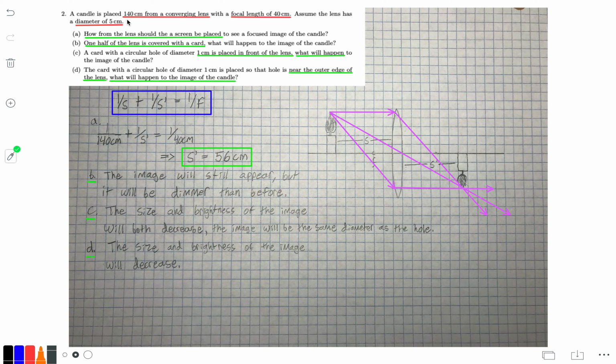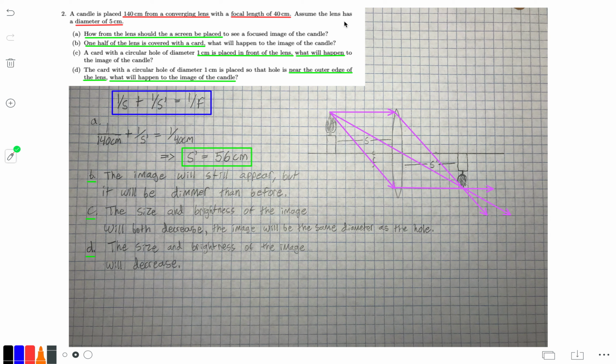Just starting off the problem here, we're given a few givens. Here we have the image distance, S, which is the distance between the lens and the object. Next we have the focal length, F, which is just to the lens right here.